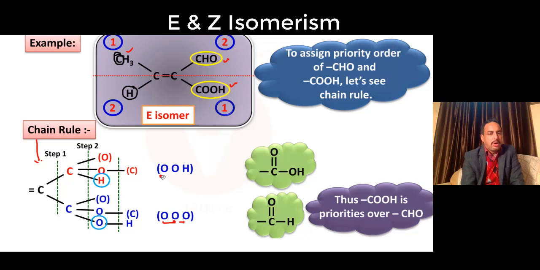Here there is only one duplicate of oxygen, and only hydrogen is present. Means simply we can say here two oxygen atoms, here one oxygen atom. So the carboxylic acid group will be given more preference.